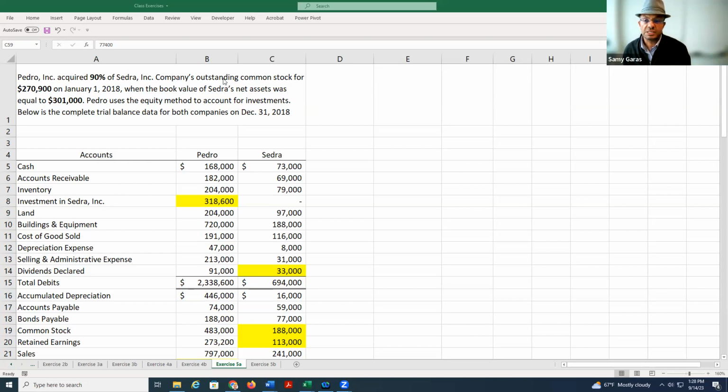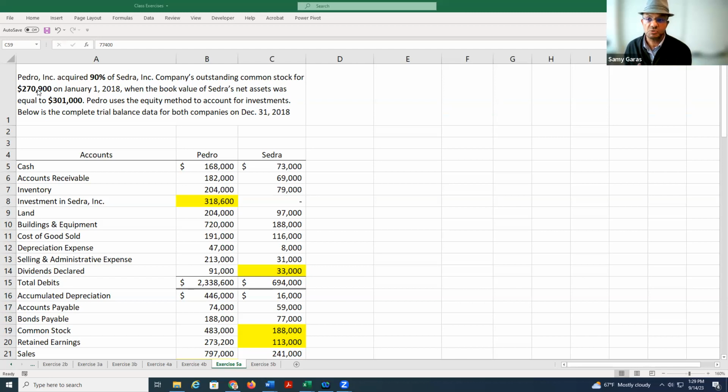First of all, in this example, there is a company that acquired 90% of Cedra, the subsidiary company, for $279,000 cash. In the previous video, I said the parent company can pay cash or bonds payable or preferred stock. The issue with bonds and preferred stock is that the fair market value might be higher or lower than the par value.